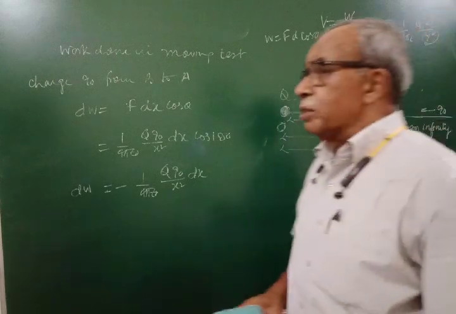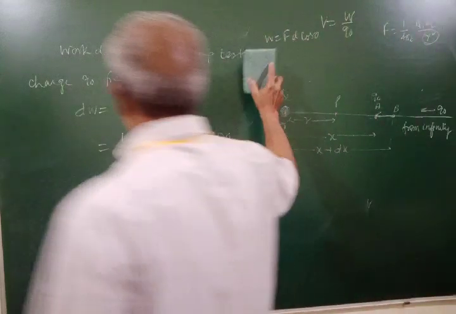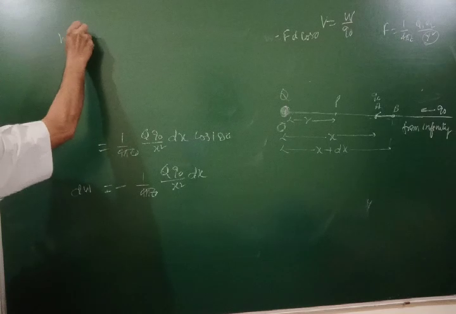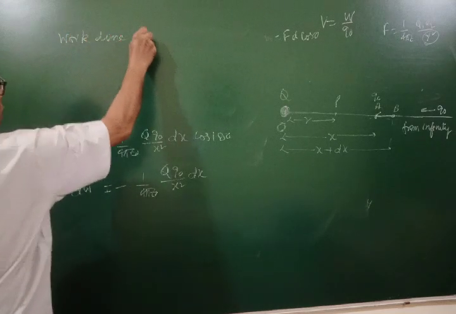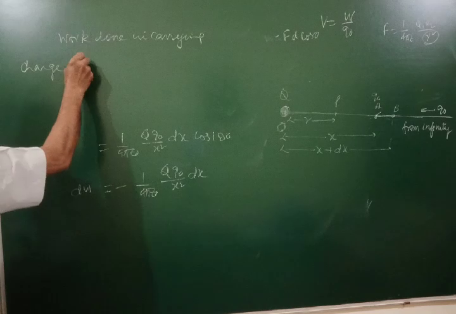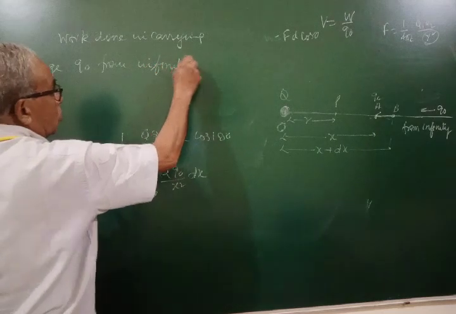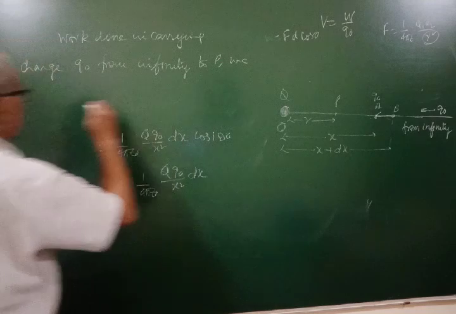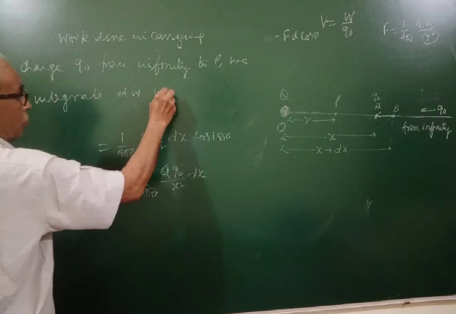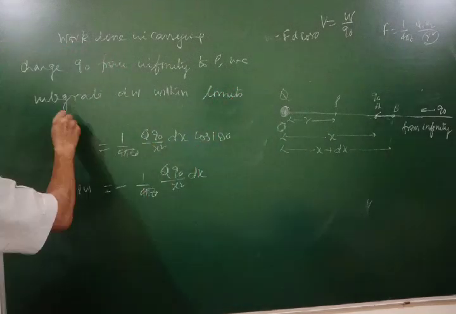But to calculate potential, we have to calculate the work done carrying unit charge from infinity to P. Therefore, for the work done in carrying charge Q0 from infinity to P, we integrate dW within limits infinity to r.